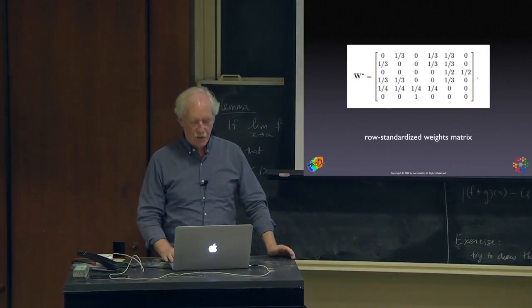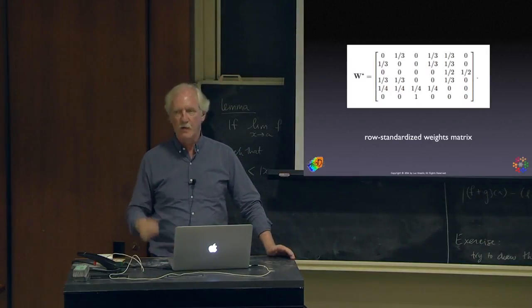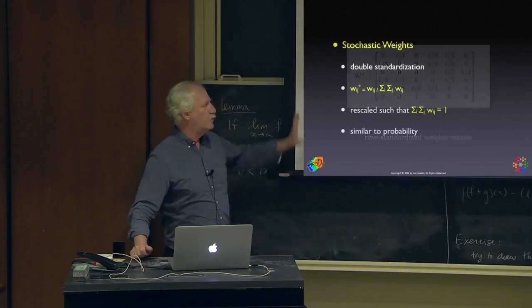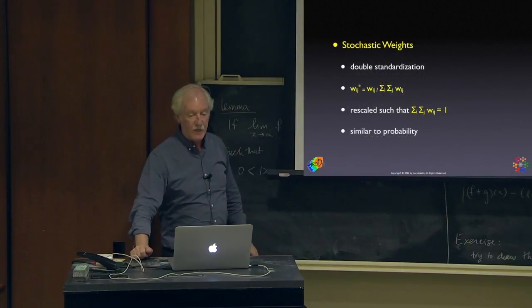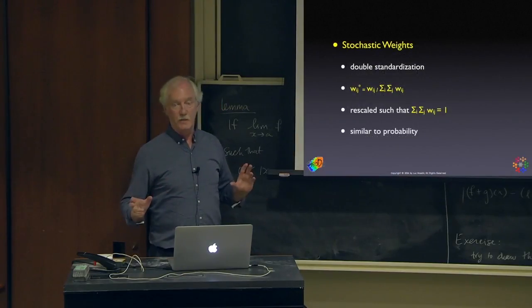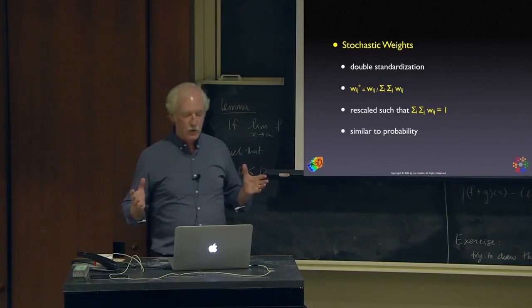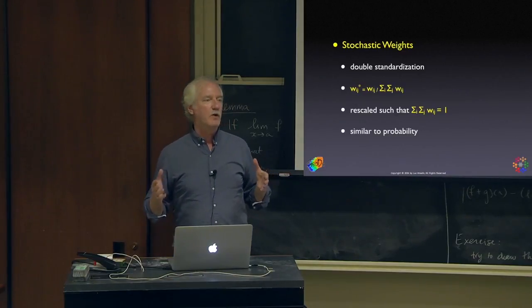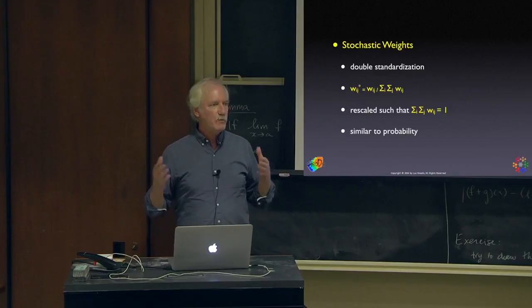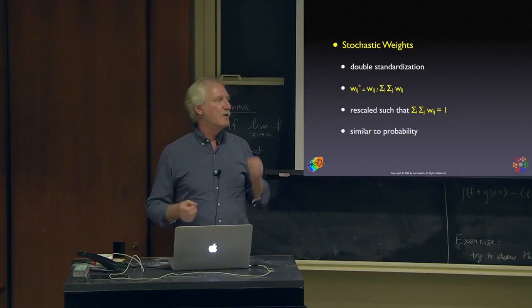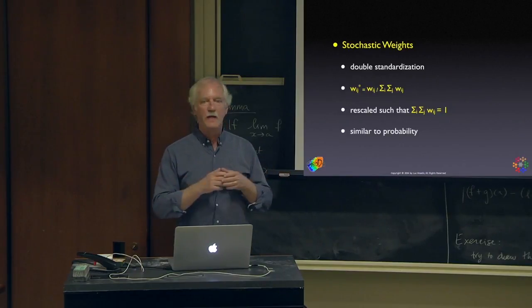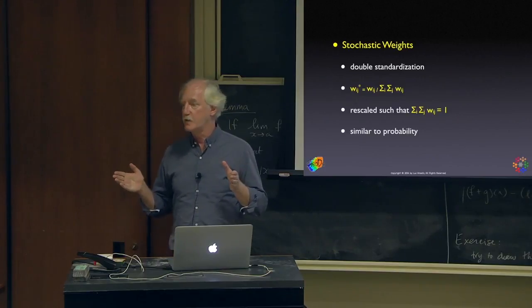Another standardization that is actually not used very often, but every once in a while, and it's used more in the Bayesian literature, is a double standardization. In other words, your matrix becomes what is called stochastic. Why is the term stochastic used? The values are between 0 and 1, and they sum to 1, just like probabilities.